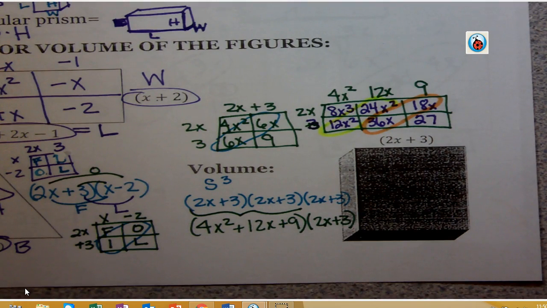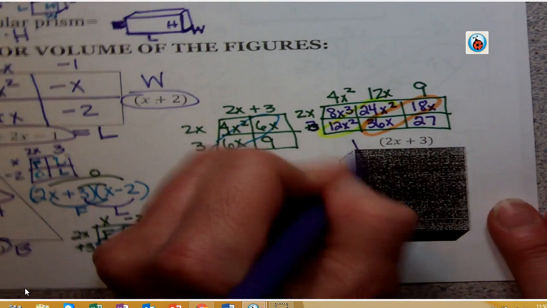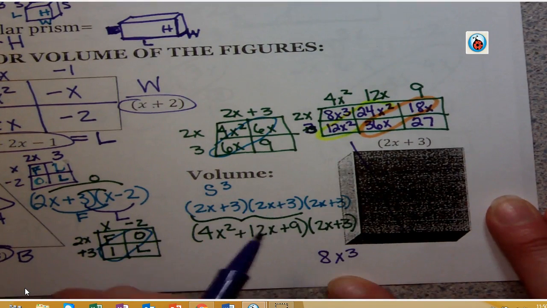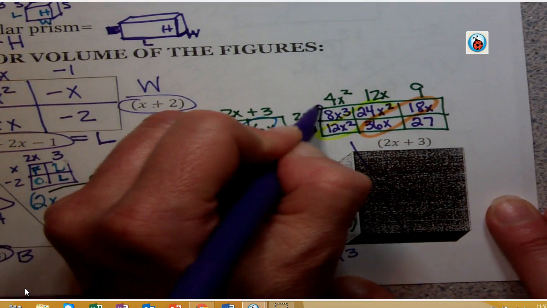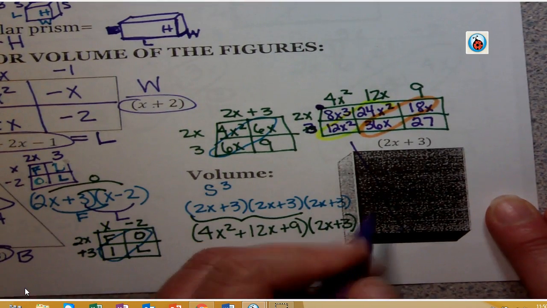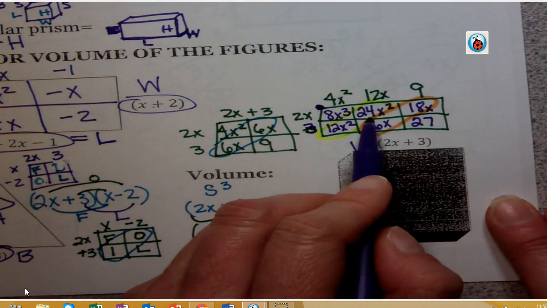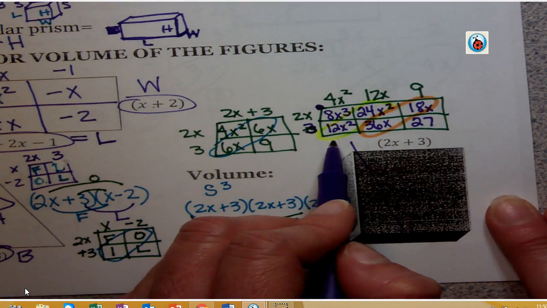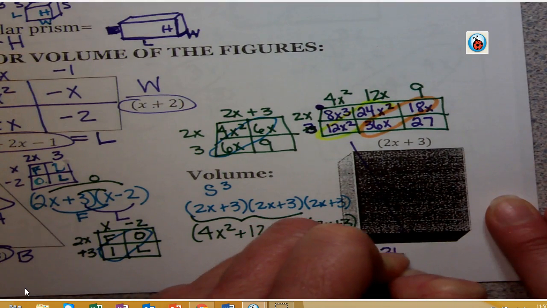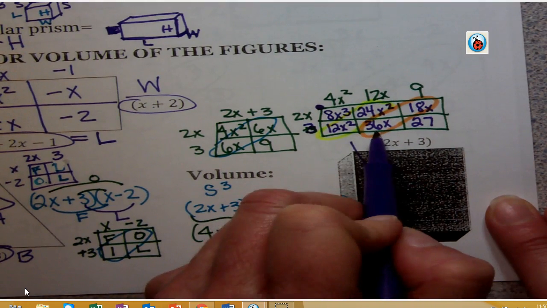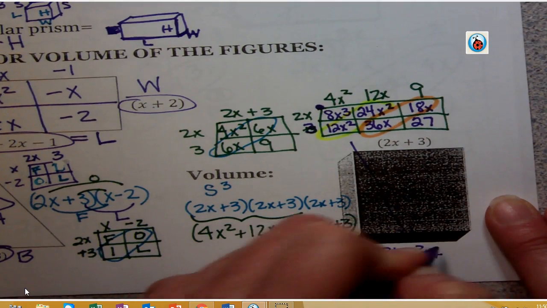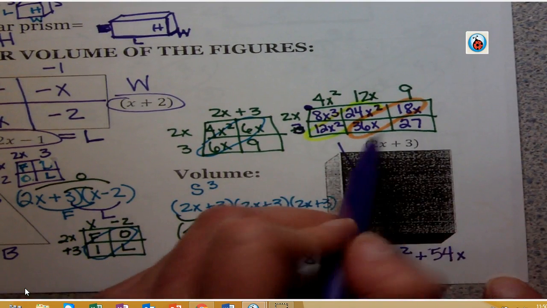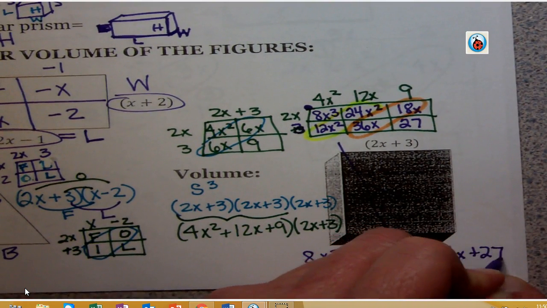So when I combine them all together, I'm going to get 8x cubed, just this, then plus 24x squared and 12x squared. 24 plus 12 is 36. 36 plus 18 is 54x plus 27.